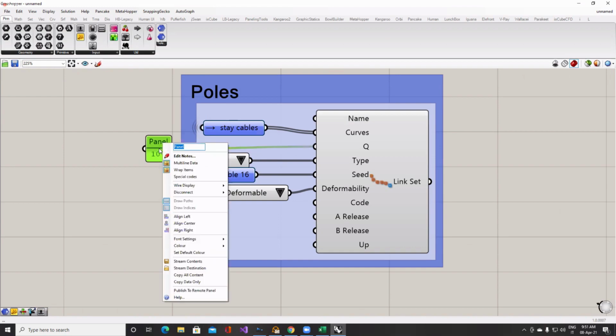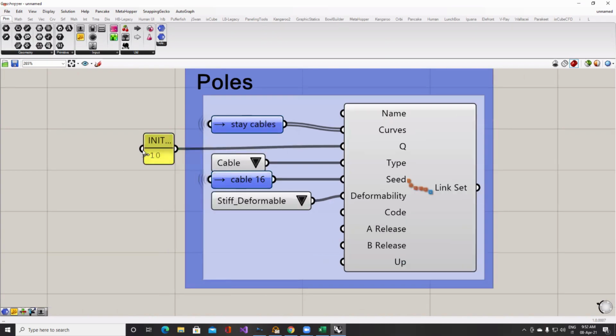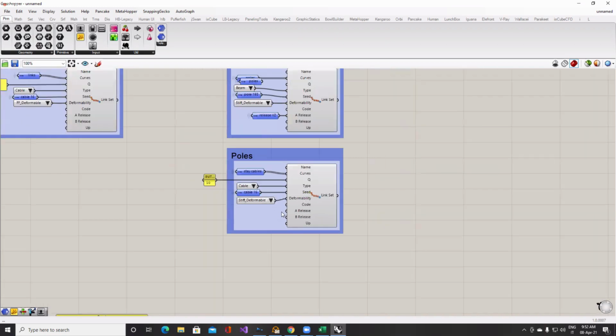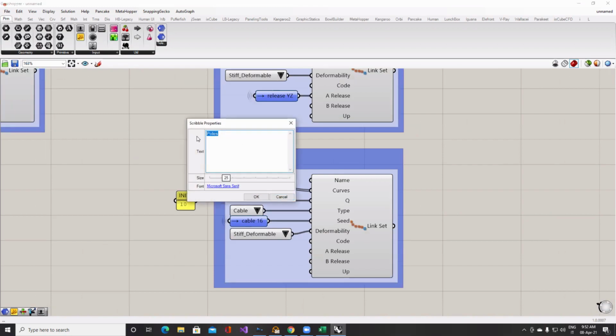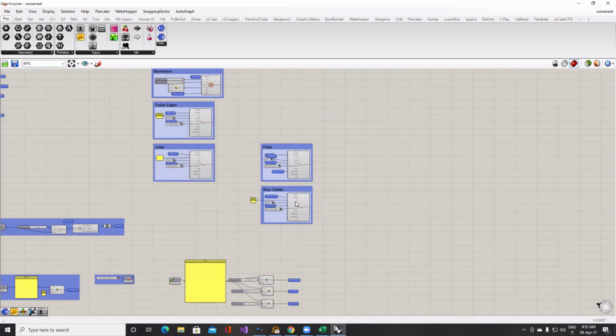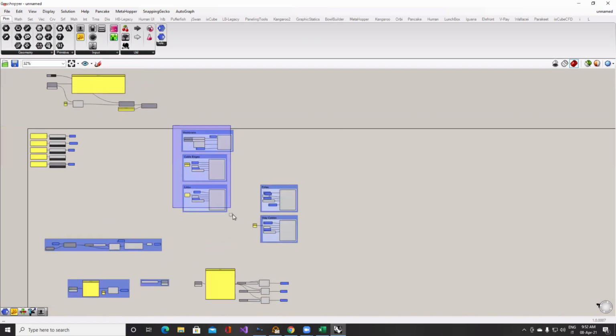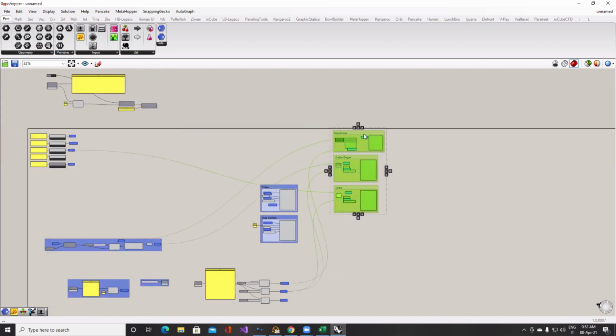So this is my initial pretension for the stay cables. Okay. These are the stay cables. Okay. Let's move it up here.